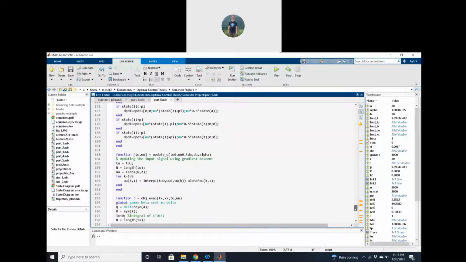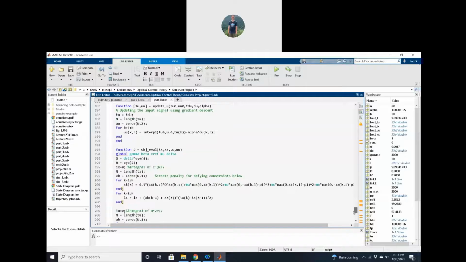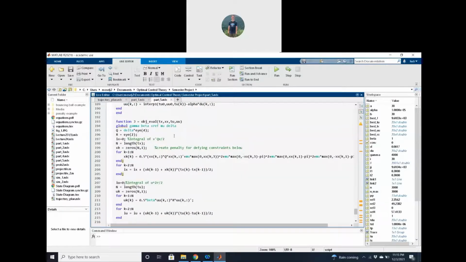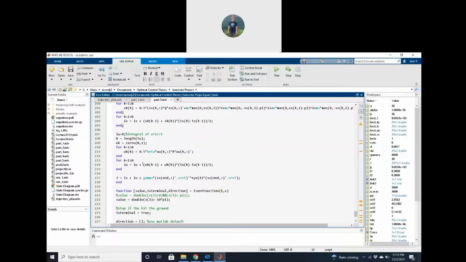And then this update U term, which includes the alpha for gradient descent, so it steps in the right direction every iteration to minimize the cost. For the cost evaluation, we have the running cost here, which includes this penalty function times mu, and then we have the running cost of the input times beta, and then we add the terminal cost onto that at the very end.